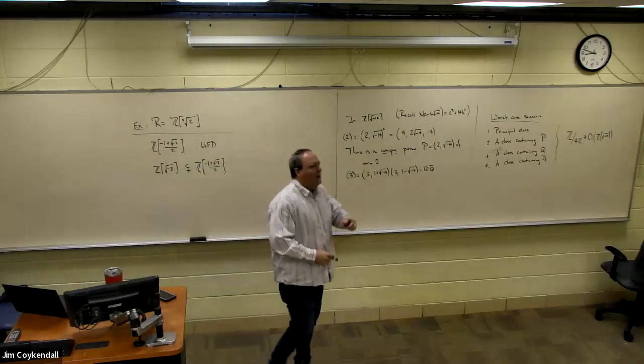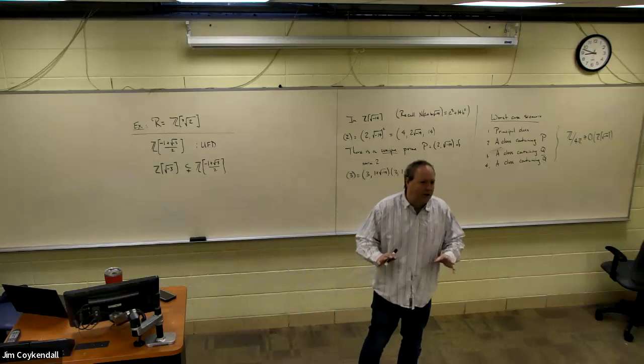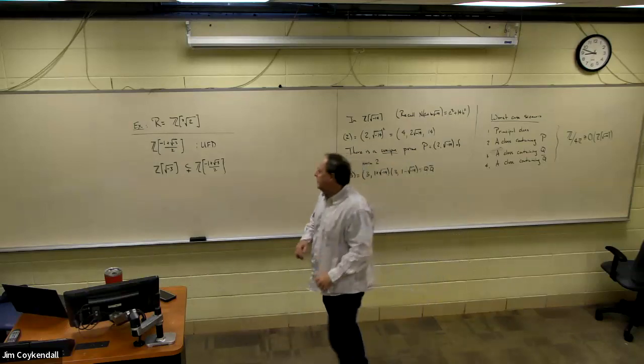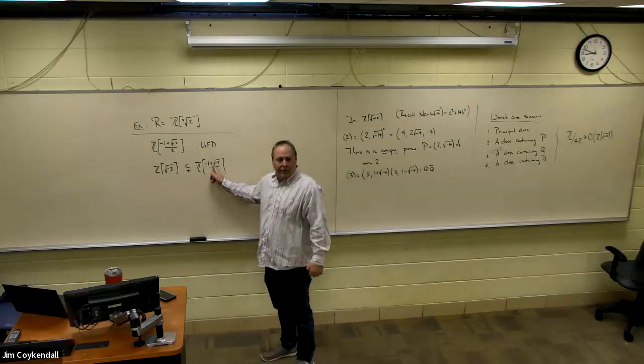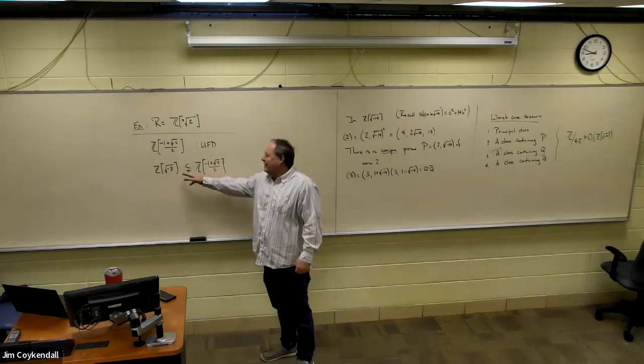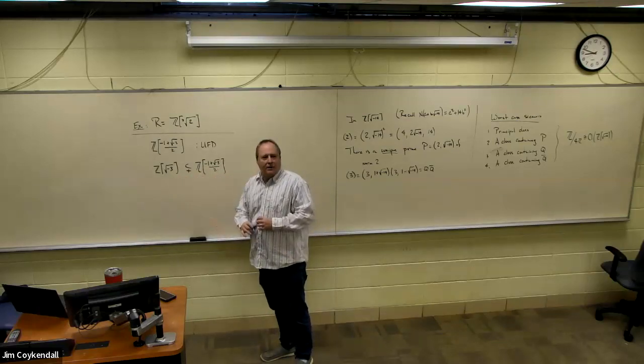UFDs are integrally closed. It's impossible for this to be a UFD because this element right here is a primitive cube root of unity, and it's not in there. It can't be a UFD.